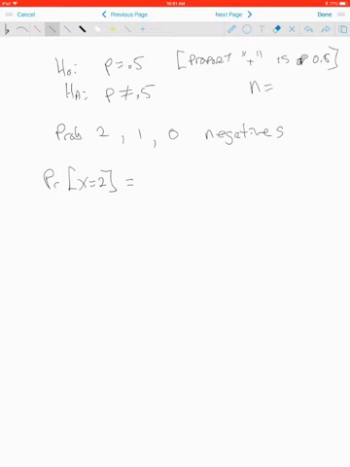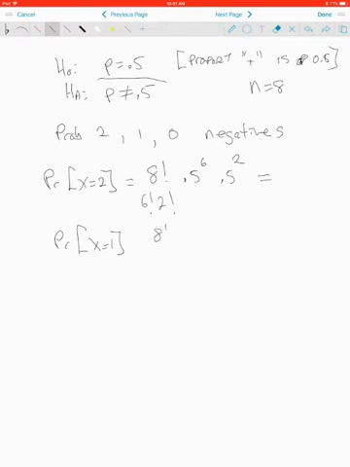We had 8 paired samples, so n is 8. P is 0.5 as specified in the null hypothesis. So this is 8 factorial over 6 factorial, 2 factorial, times 0.5 to the 6, and 0.5 to the 2. So you need to calculate that out. What's the probability of getting just one negative sign given that p is 0.5?